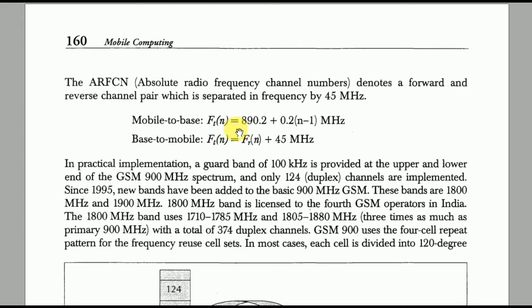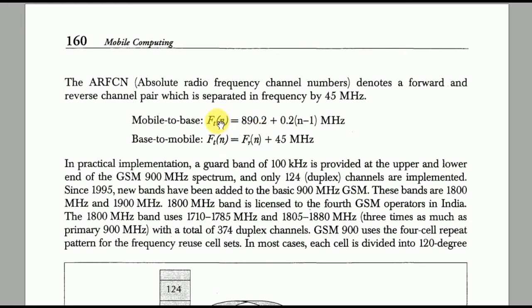Then in the case of base to mobile, we have another equation. Fr of n is equal to Ft of n plus 45 megahertz. Please note this equation. Fr of n is equal to Ft of n plus 45 megahertz, where Ft of n means the mobile to base frequency.